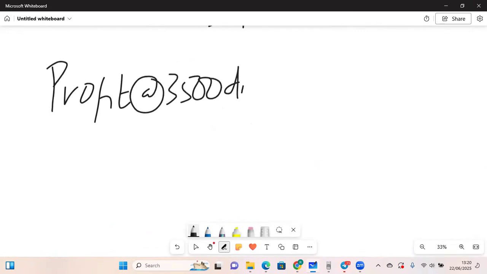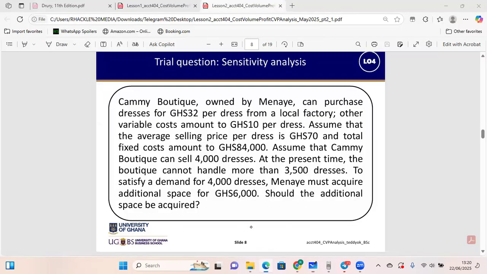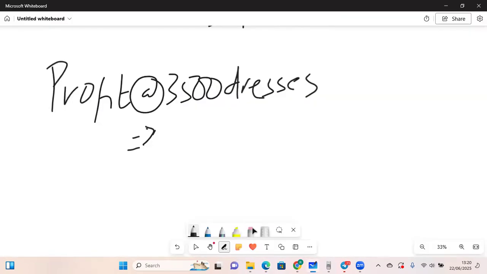You see that on this side, we are not acquiring any additional fixed asset or manipulating price or whatsoever. So it is going to be our contribution. Mind you, we are still maintaining the old contribution, the same 70 selling price, and then 32 and 10 as the variable cost. So we are still going to have the same contribution of 28.